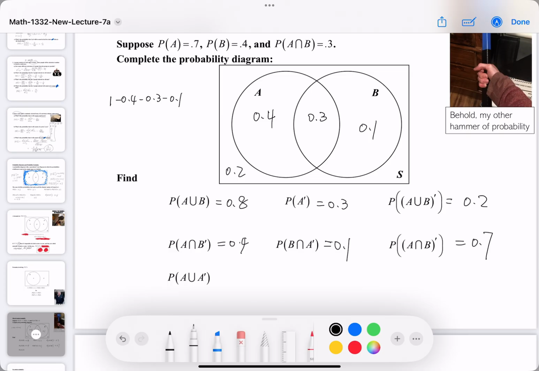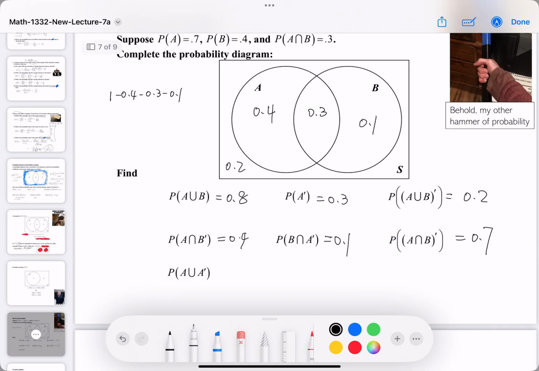Last one. P of A or A prime. What is the A or A prime? That means P of A plus P of A prime, and then minus P of A and A prime. I know that A and A prime must be phi, an empty set, because A and its complement have no overlap.